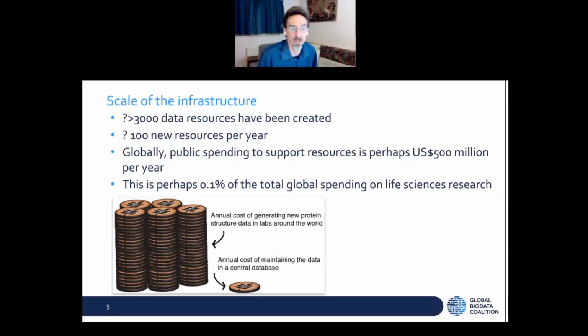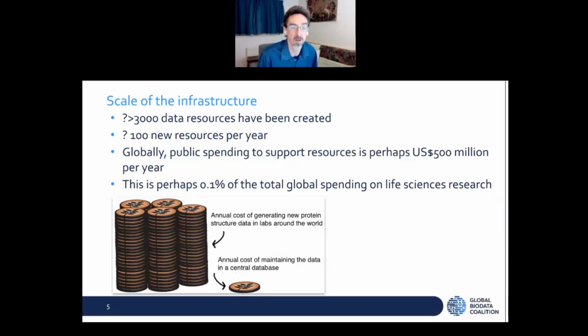There are at least 100 new resources created per year, and that's based upon the number of resources which publish a paper that says, hey, we're here, we're a new resource, here we are. What is spent on maintaining and building resources? Again, we don't know. My guesstimate here is that it's about $500 million US per year.